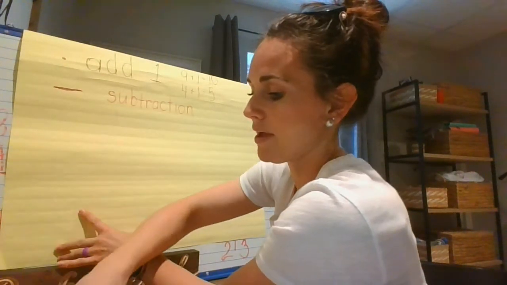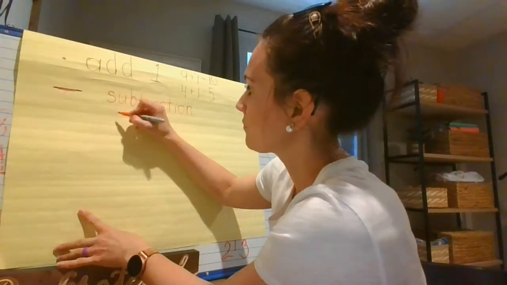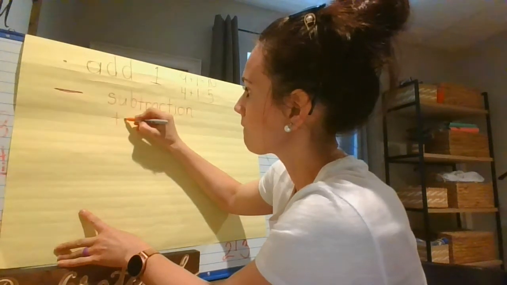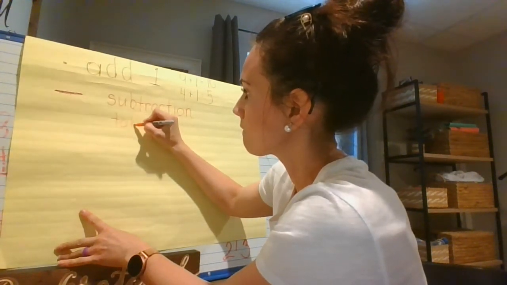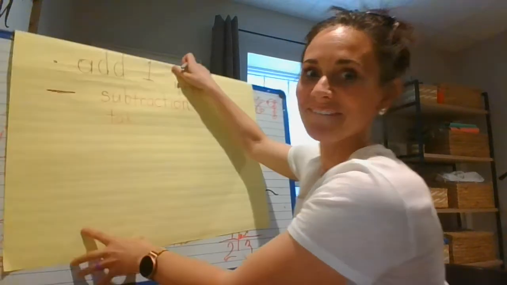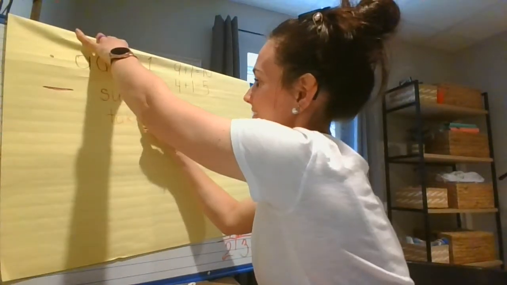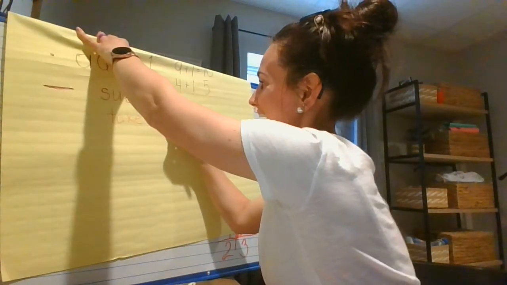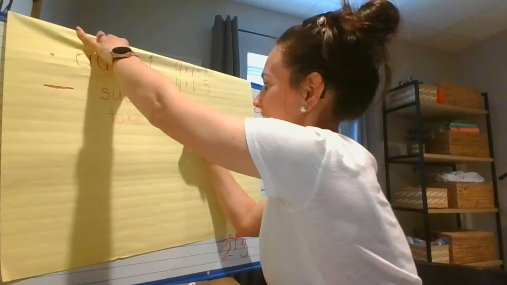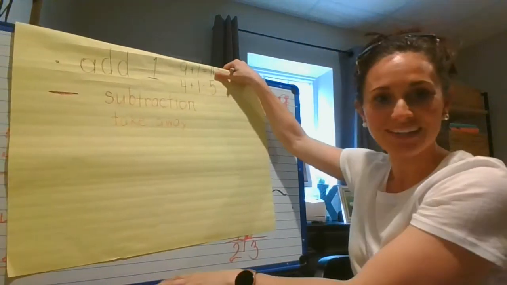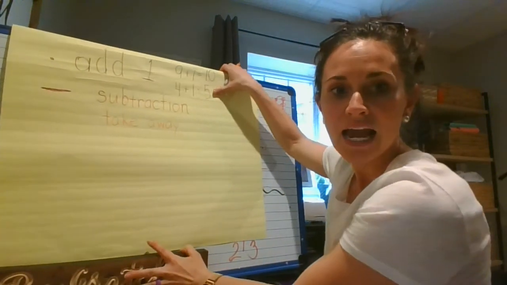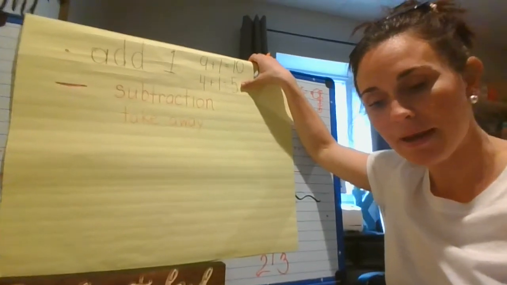And that might help us. I don't know what's happening today. There we go. I'll have to hold it a little bit differently. You can kind of see that. I wrote take away. Let me try and scoot our camera a little bit closer. Is that a little bit better?